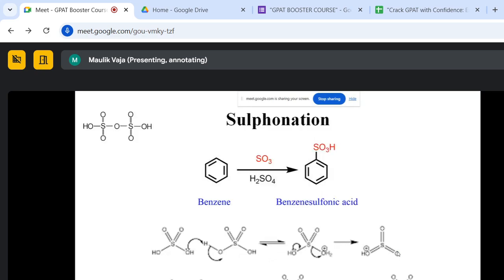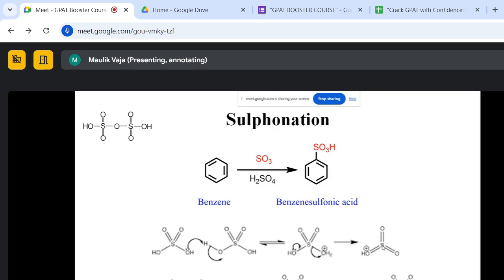Next is sulfonation. For sulfonation, 2 moles of H2SO4 are used, and it will form benzene sulfonic acid. Here, first step, generation of the electrophile. 2 moles of H2SO4 react together to generate SO3H plus.